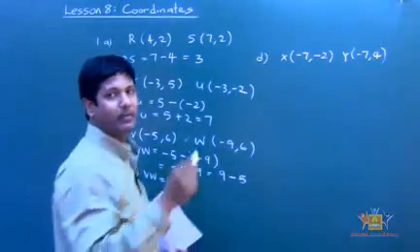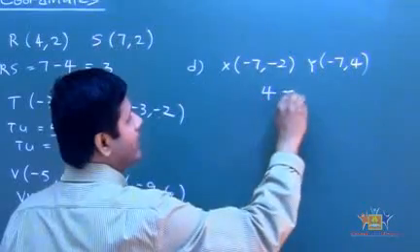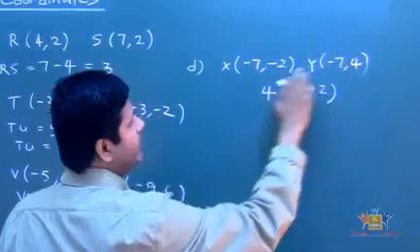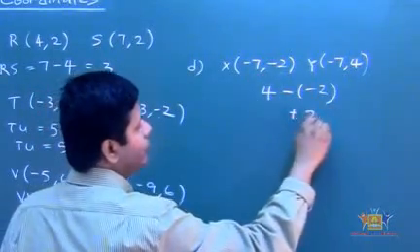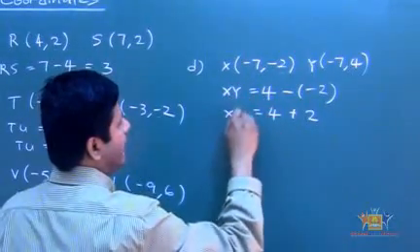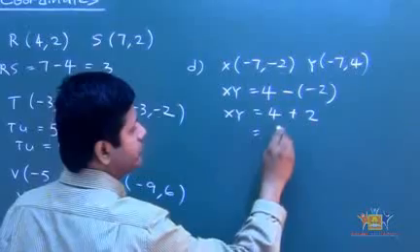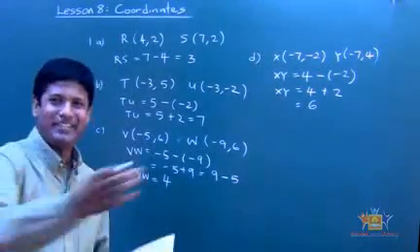Big number subtracted by the small number. So we take 4 minus negative 2, because we know 4 is bigger than negative 2. Negative becomes positive, so 4 plus 2, because you're finding the distance of XY. So XY equals 4 plus 2, which is 6. That's it. You got it? Good job. Proud of you.